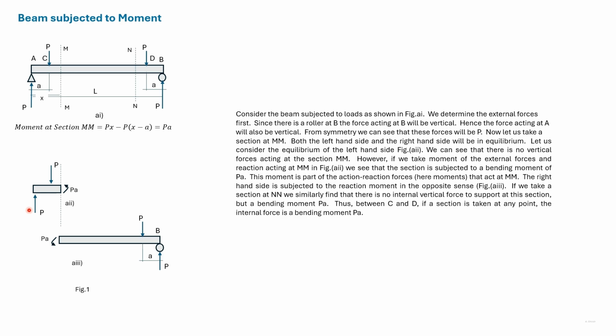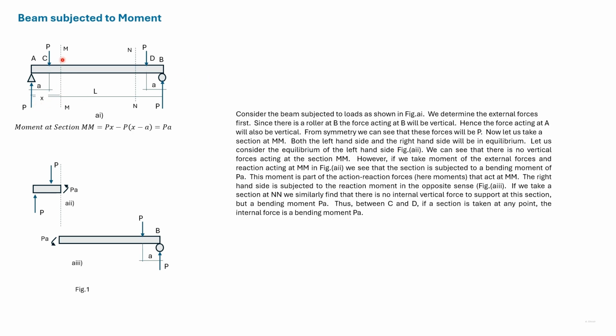The portion of the beam left of MM is shown here. We can see that there's a force P acting upwards and there's a force P acting downwards. So at the section MM, there's no shear force required for equilibrium. However, a moment will be required for equilibrium.